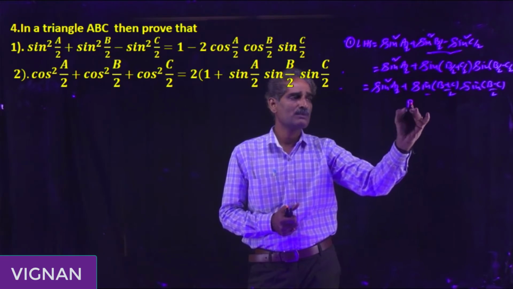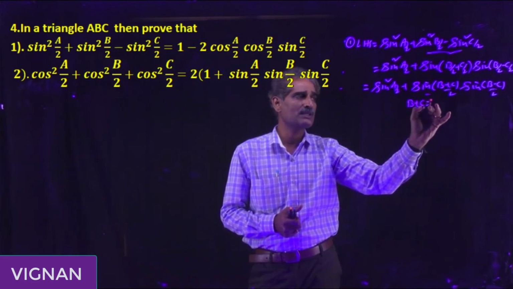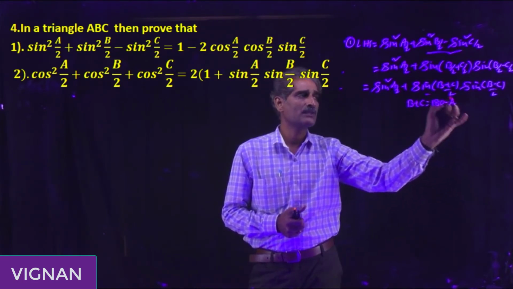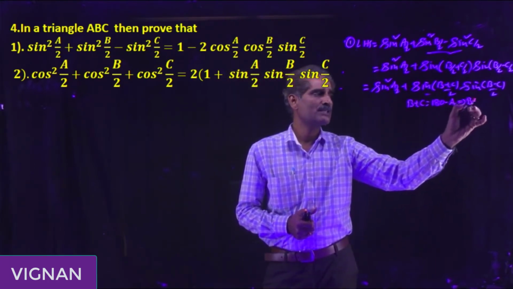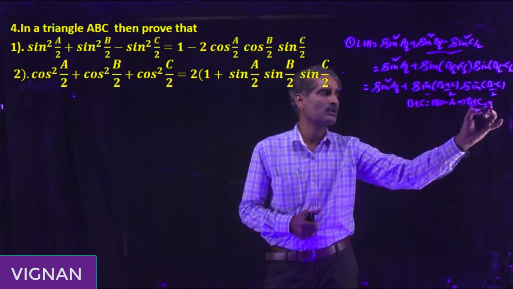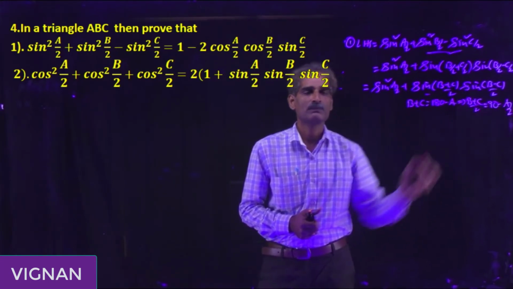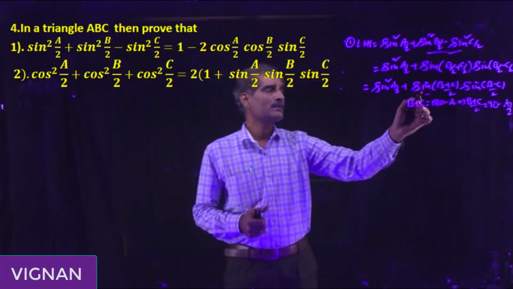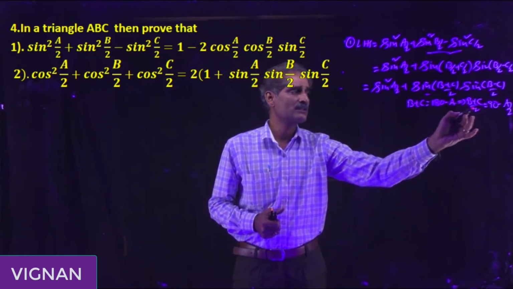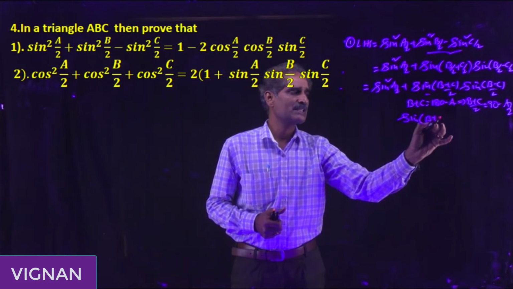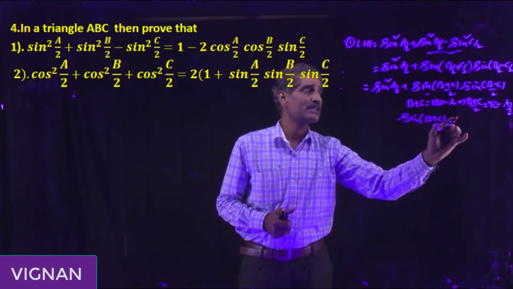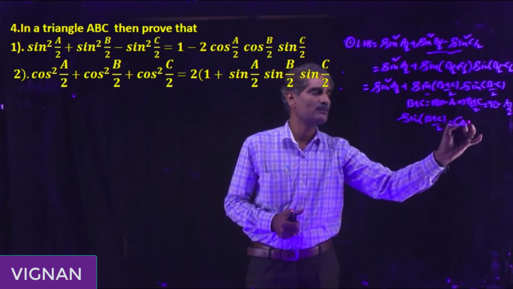So A plus B plus C is equal to 180. That means B plus C equals 180 minus A. B plus C by 2 is equal to 90 minus A by 2. So apply the sine function to this relation. Sine of (B plus C) by 2 is equal to sine (90 minus A by 2), which is cos A by 2.